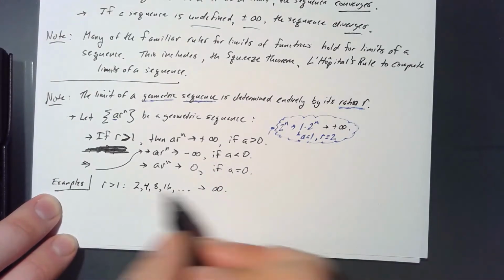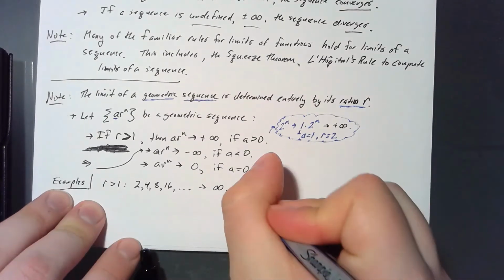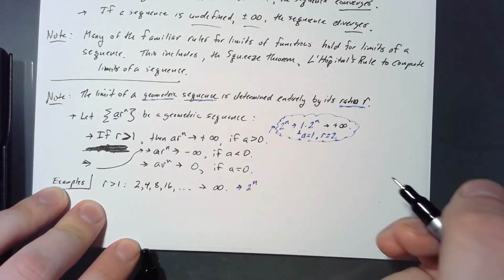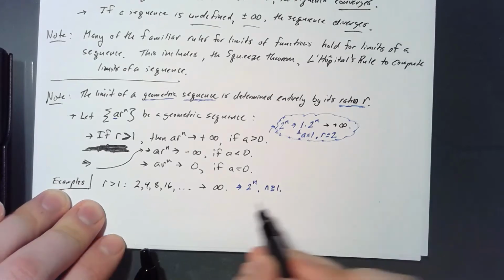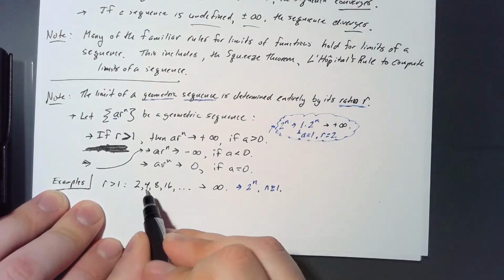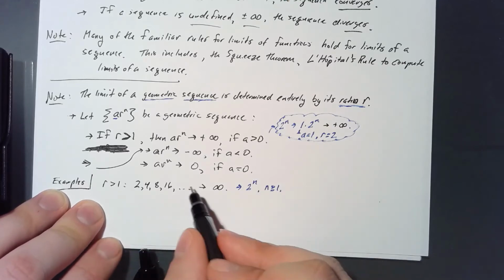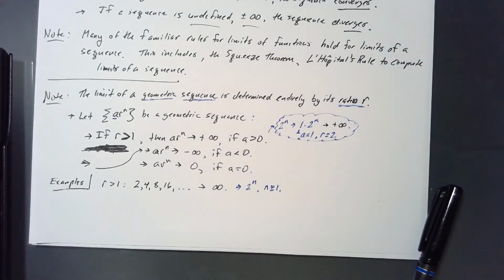That's a geometric sequence because my sequence here is going to be 2 to the n power, where I'm starting at 1 in this case, because this is 2 to the 1, 2 squared, 2 cubed, 2 to the 4th, and so on. That's going to go to infinity. So that's very similar to this one.